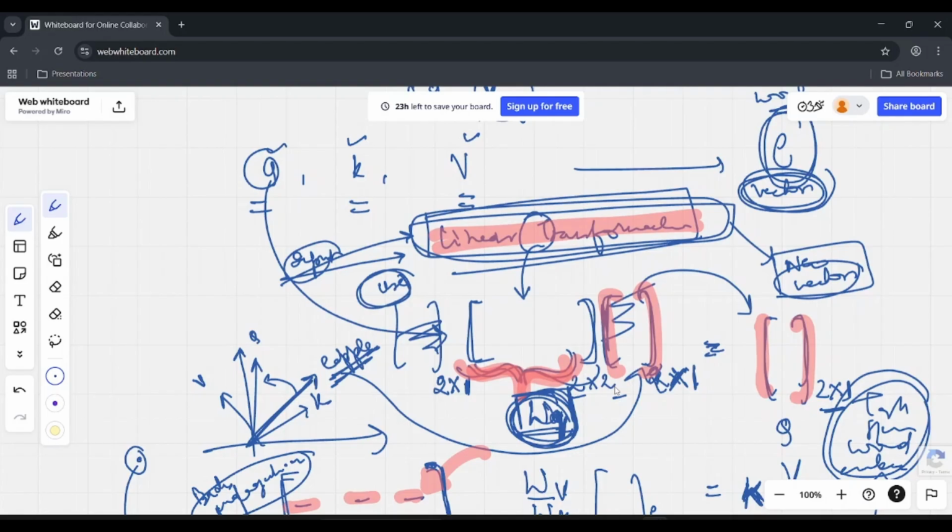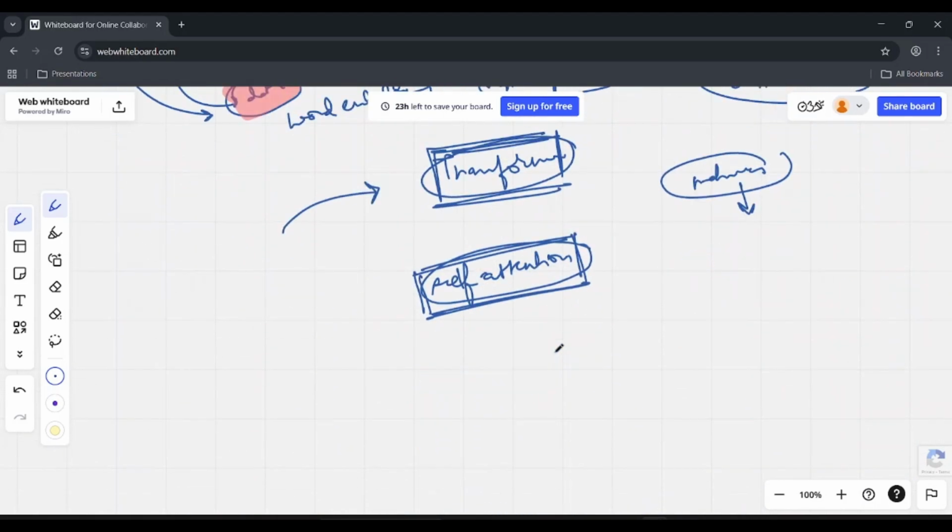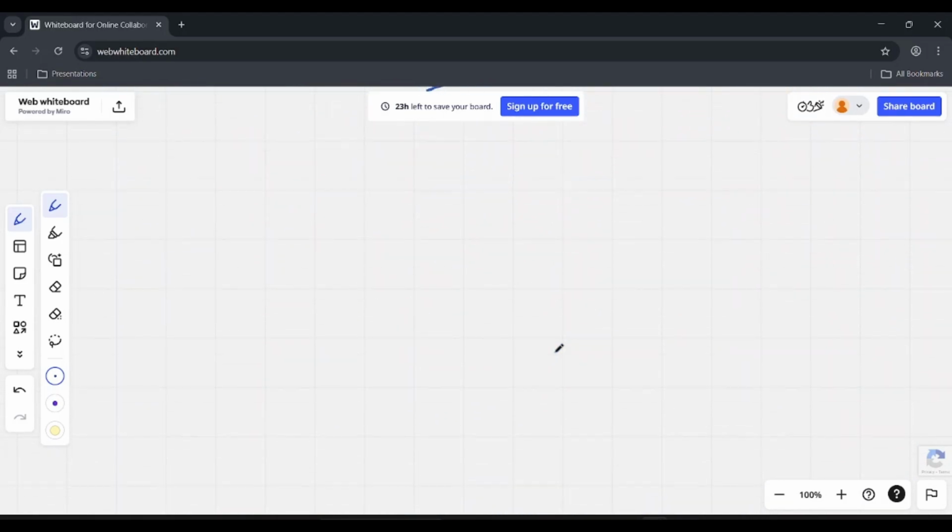Now, in the Attention Is All You Need research paper, which is around transformers, how do they define it? They define it this way: softmax of our query vector and key vector, and then we do its dot product with the value vector.